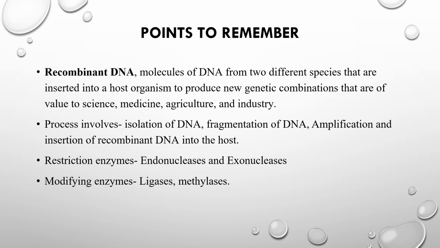The ligases will join the two different DNA fragments, whereas the methylases will add a methyl group to the DNA fragment so that it will be protected from the restriction enzymes. So these are some of the points which you have to remember in this unit.